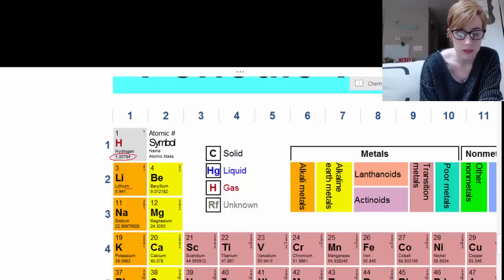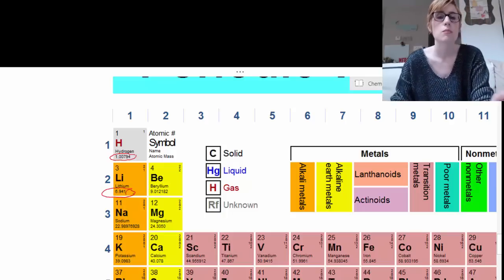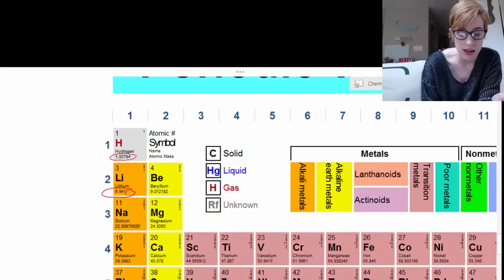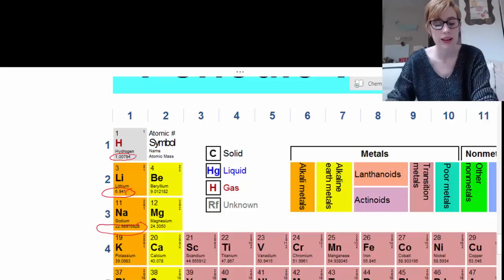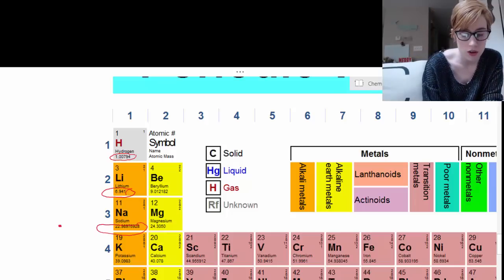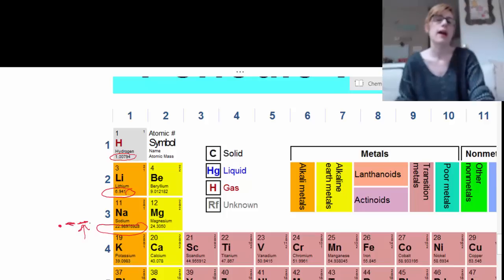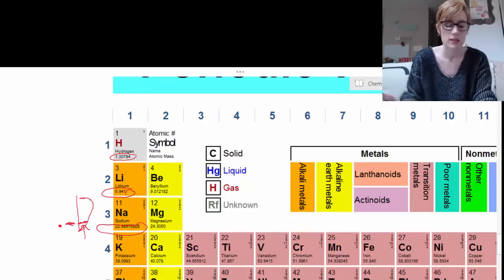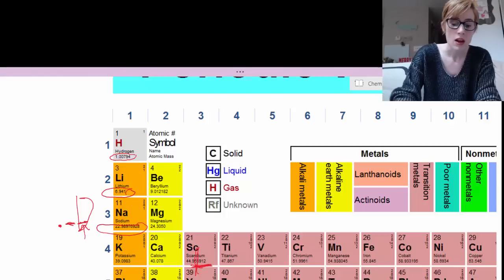If I had 1 mole of lithium, it would weigh 6.941 grams. If I had 1 mole of sodium, it would weigh 22.98 and so on, grams. Usually, we only go to the hundredths place when we're looking at molar mass. I think all of your periodic tables only go to the second digit after the decimal.